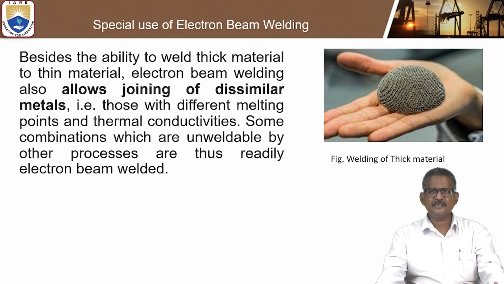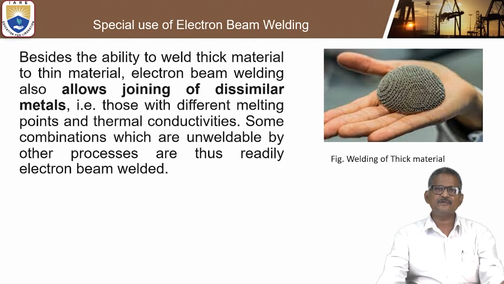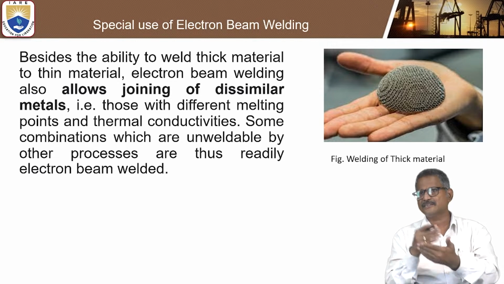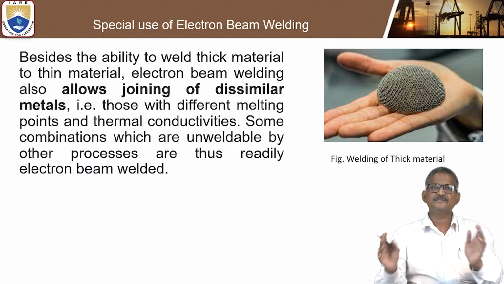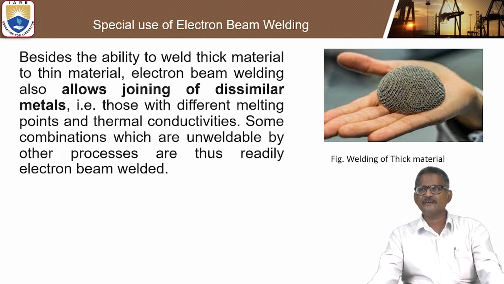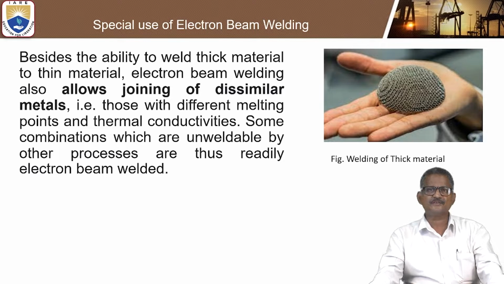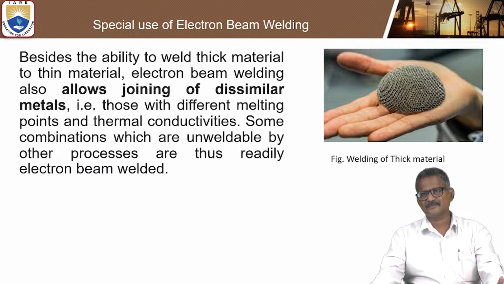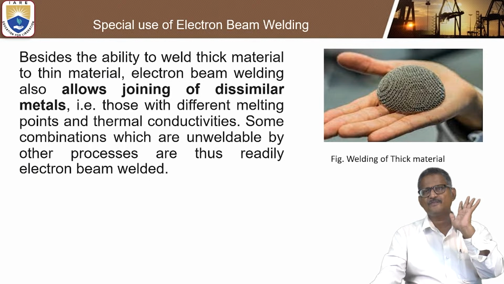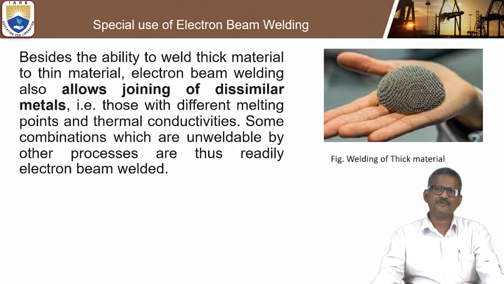And one more thing: some combinations which are unweldable by other processes are readily welded by electron beam welding. Materials which cannot be welded otherwise can be done by this process, which is the most suitable one.